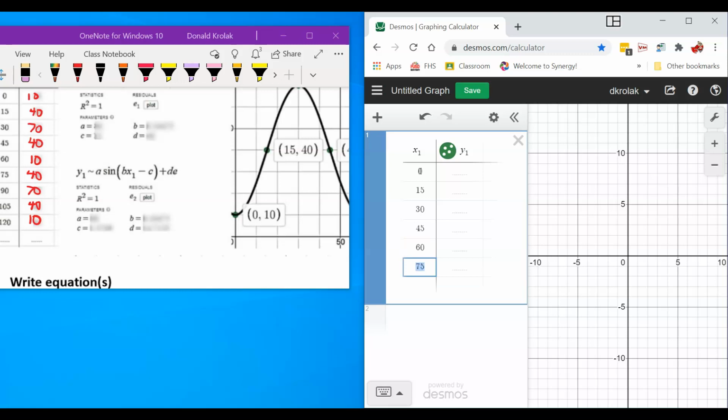And see, Desmos recognizes a pattern, so you see it automatically is adding 15 seconds every time.